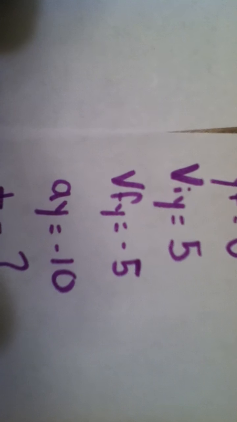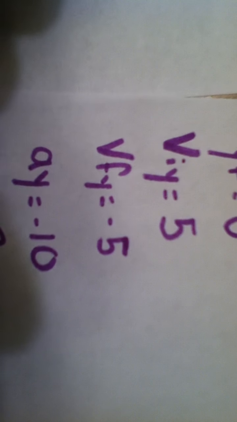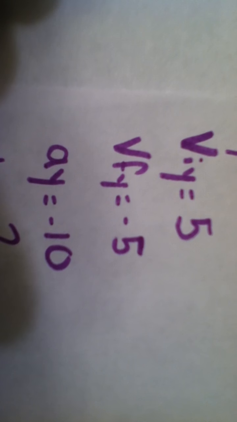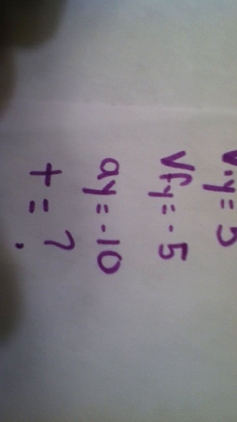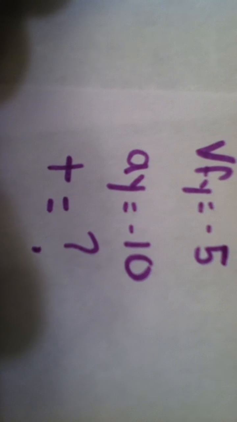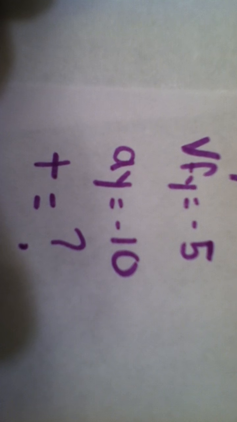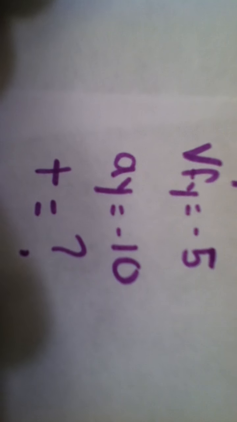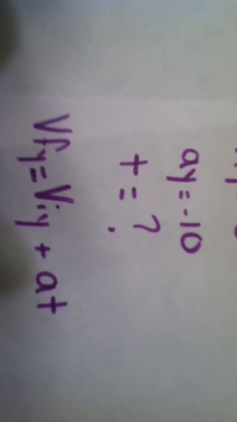And the velocity final on the y is negative 5 because of symmetry of motion. The acceleration in the y due to gravity is about negative 10 meters per second squared. And we are trying to solve for the time. This is originally one of the questions that was asked, which was how long.